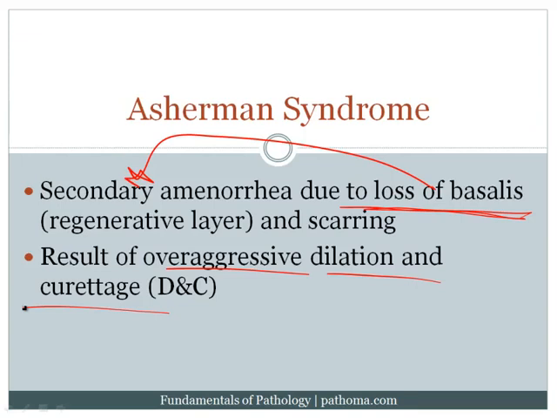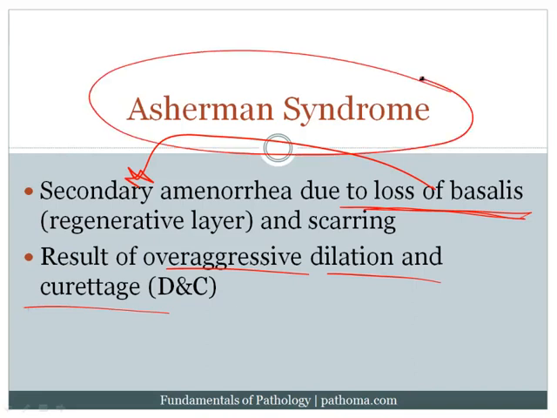Now imagine if the physician or the person performing the procedure is too aggressive in that scraping away of the uterine wall, they could actually scrape away the basalis, and if you knock out the basalis, there is not going to be the ability to regenerate that endometrium, and therefore the patients will get secondary amenorrhea. So that is a rare but possible complication of D&C, and that's called Asherman syndrome.